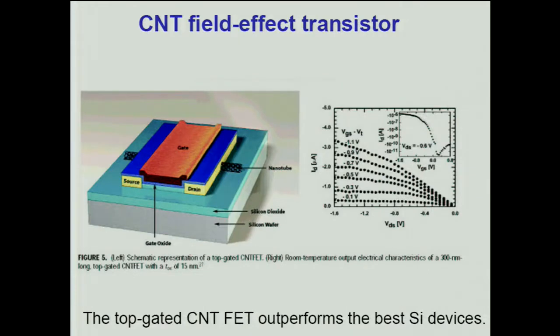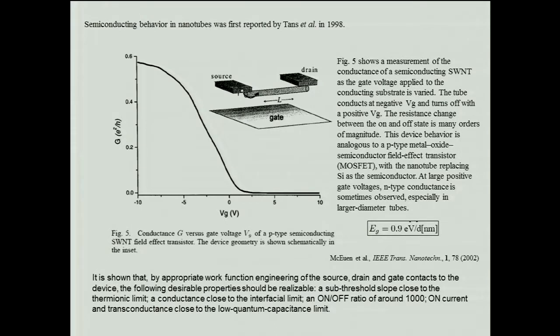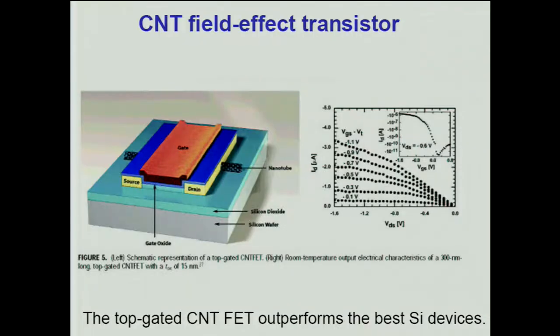Now, the one which I showed right now has a drawback in this design. When you make the source and drain, the gate is underneath it. There could be two ways of making the gate. The gate could be below it, that is known as bottom gate, or the gate could be on the top, that is top gate.